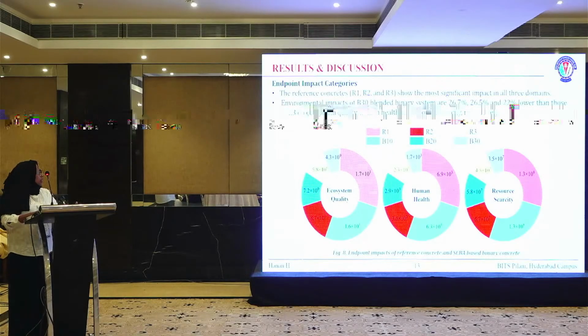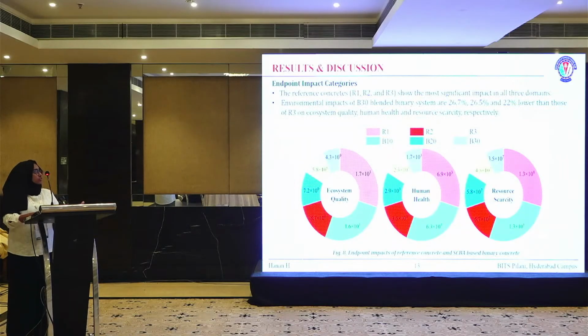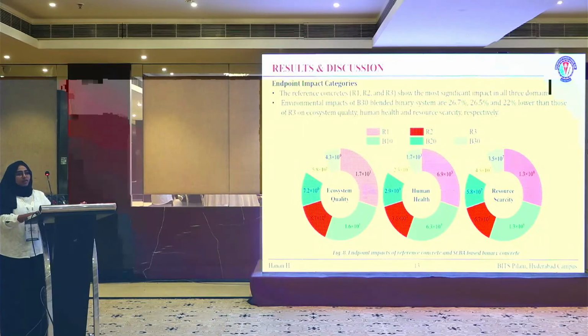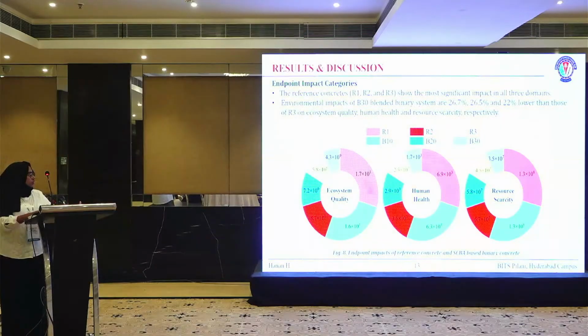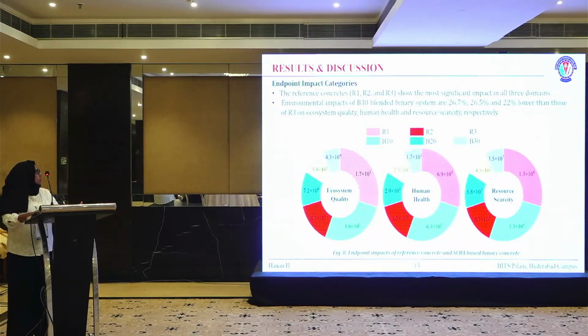So it is clear that the reference concretes R2 to R3 have the most significant impact in all the three domains, and also the B30 blended concrete is 26.7, 26.5 and 22% lower than those of the reference concrete in the ecosystem, human health and resource categories respectively.